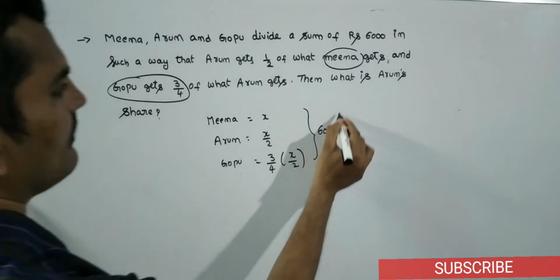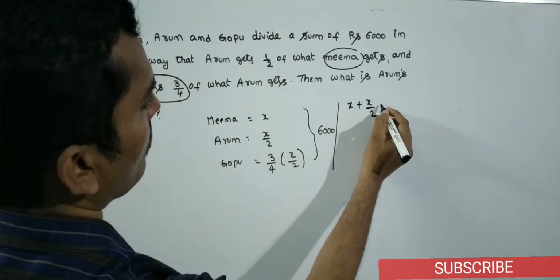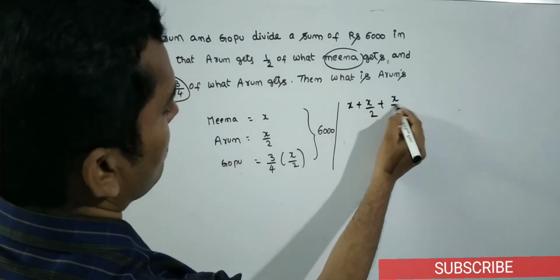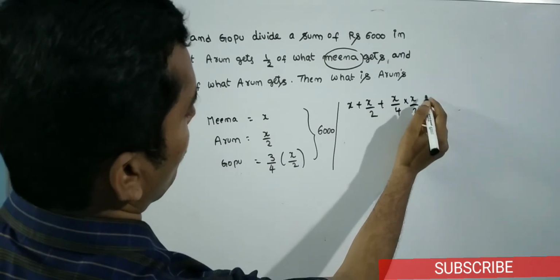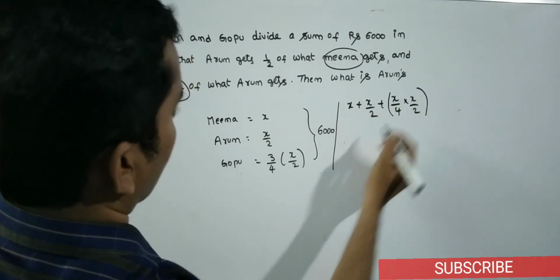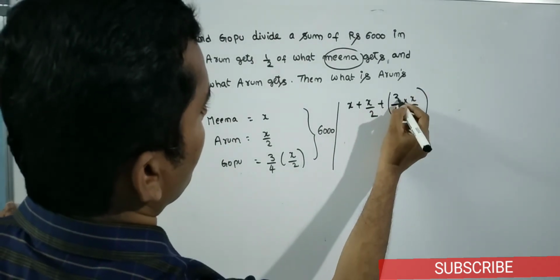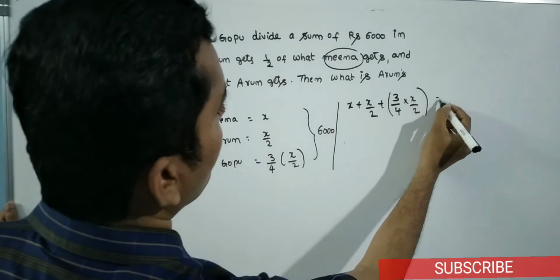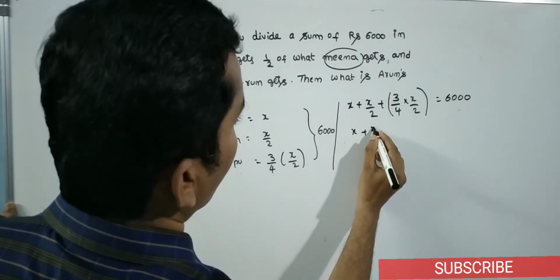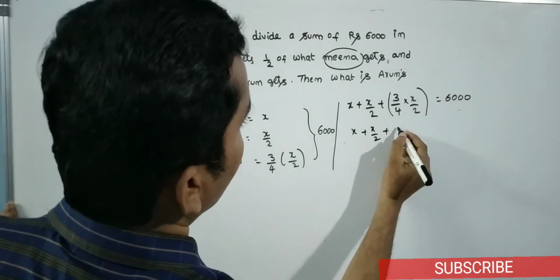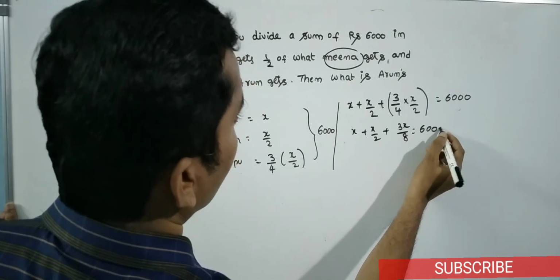See friends, then x plus x by 2 plus 3 by 4 into x by 2 equal to 6,000. Then x plus x by 2 plus 3x by 8 equal to 6,000.